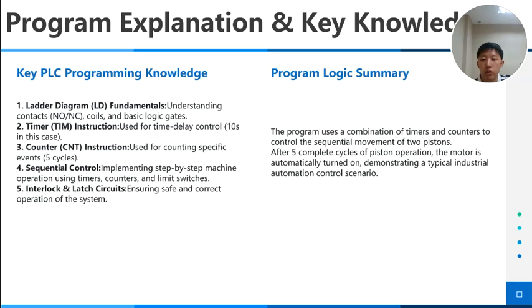The overall logic is a classical example of how PLCs are used in industry to automate repetitive tasks with specific timing and counting requirements.